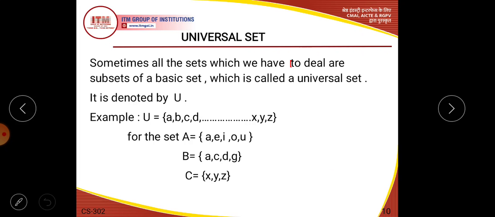So for the set U, we have made some subsets. Capital A is equal to {A, E, I, O, U}.